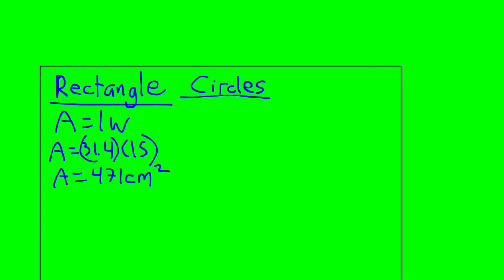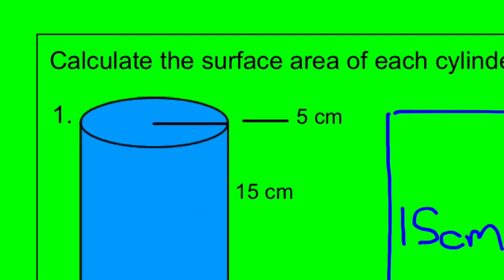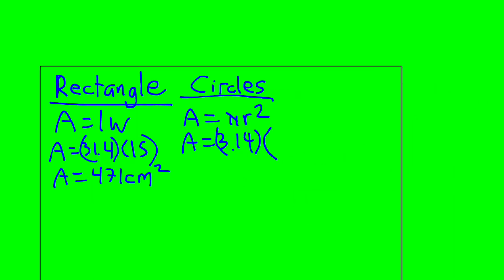And we know the math equation to calculate the area of a circle is area equals pi times the radius squared. Substitute in our numbers, area equals 3.14 multiplied by the radius squared. Now the radius of the circular part of this cylinder was 5 centimeters. So we'll do 5 squared. We actually did that exact area in class yesterday.